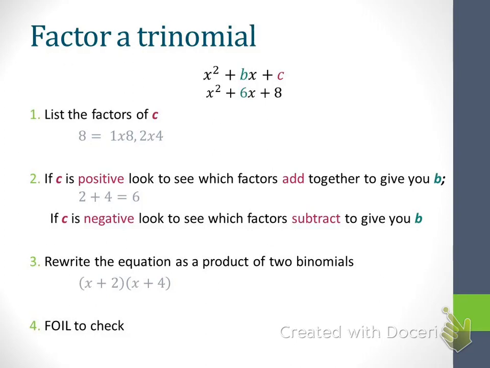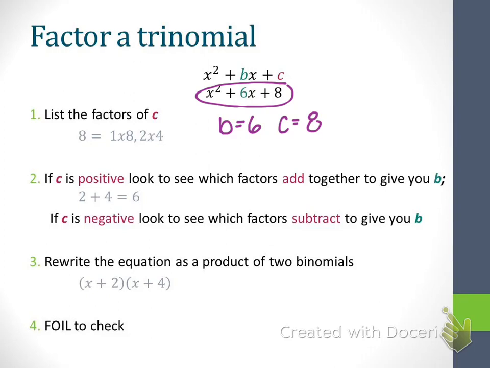What I've done here is I've given us an example equation, x squared plus 6x plus 8. In this equation, b would be equal to 6, and c would be equal to 8, okay? That's what each of those letters stands for. Obviously, there is no a, or it's a 1, but I'm not even going to worry about writing it, okay?